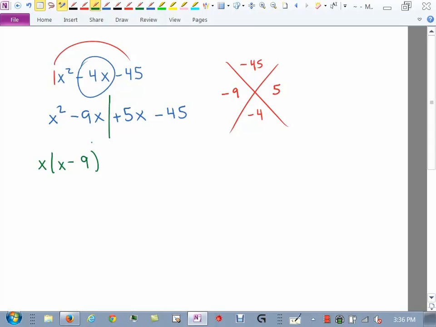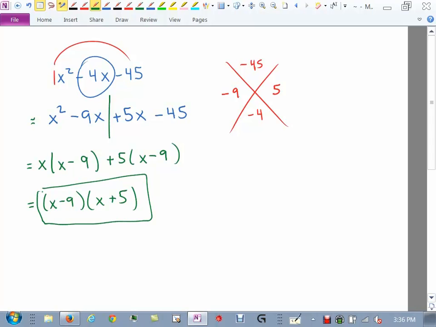Factoring what out of the second two? Positive 5. You're left with x minus 9. So you have x minus 9 common to both, and then in parentheses, the two remaining factors that were out front.